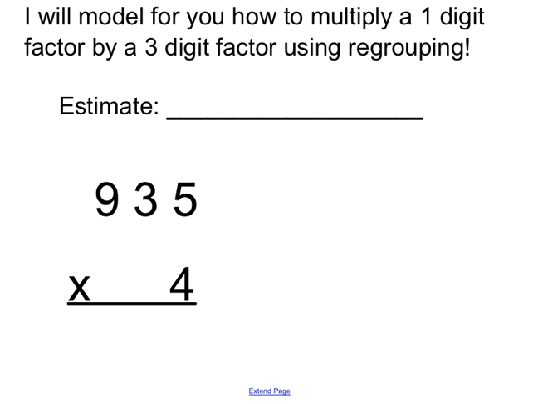Again, we're going to estimate the product first. So 935 times 4. Since my larger factor is in the hundreds place, I'm going to round to the nearest hundred. So 935 is about 900. So I will do 900 times 4.